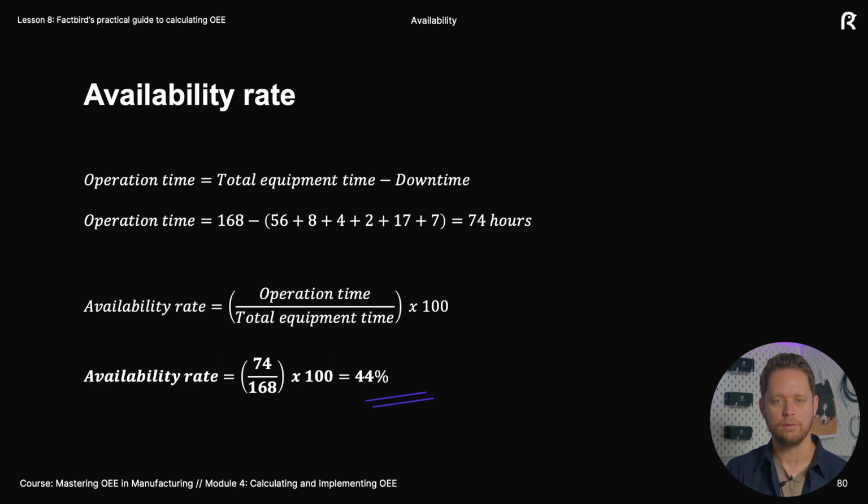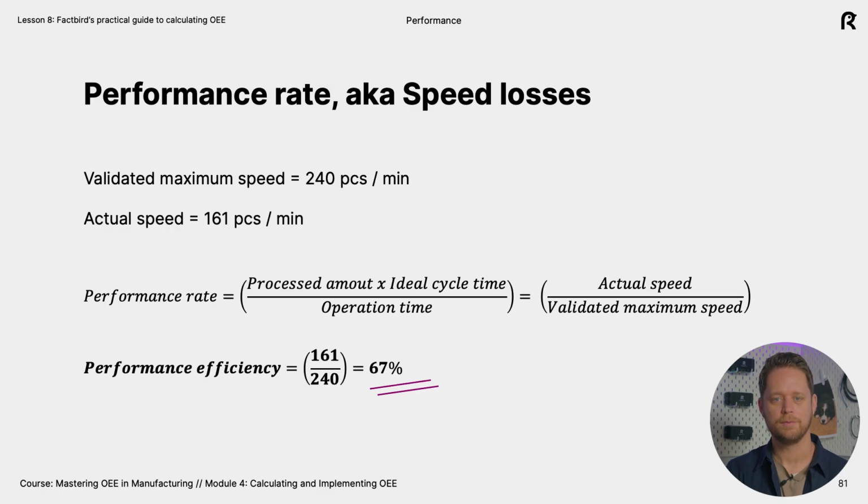Adding all of these availability losses up, we've lost 94 hours of availability. Subtracting our availability losses from our total equipment time leaves us with 74 hours of operation time. Then, by dividing 74 hours by our total equipment time of 168 hours, we end up with an availability rate of 44%.